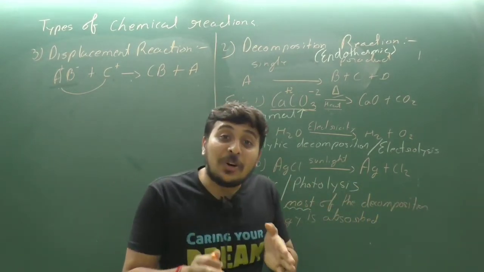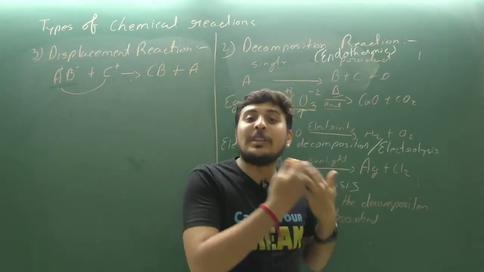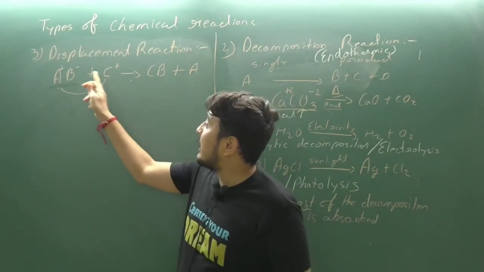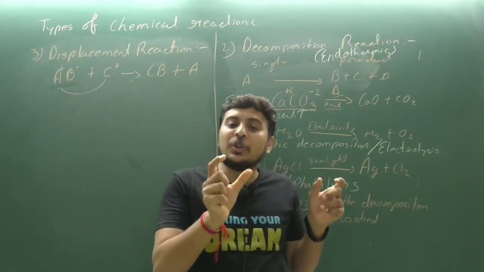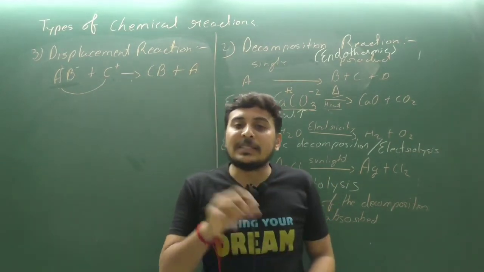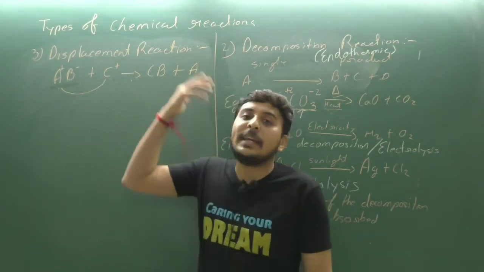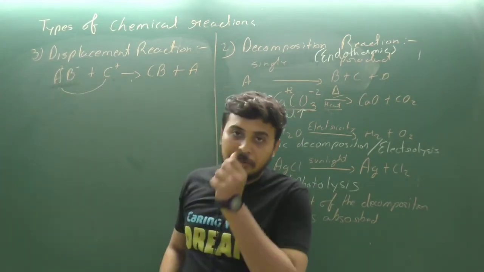Why? Because he or she is more reactive, more powerful than me. When we talk about chemicals, we do not use the word powerful. Instead of powerful, we say high reactive element. So the high reactive element displaces the low reactive element.